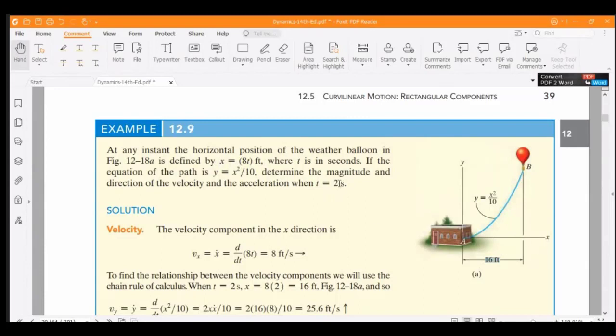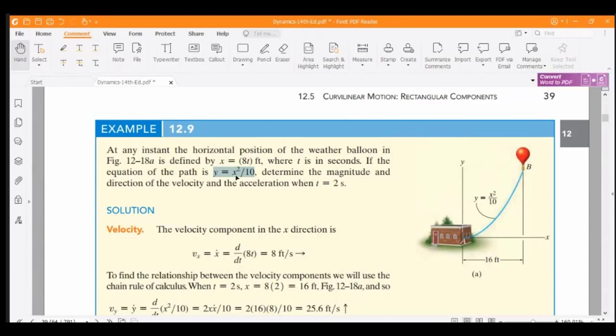They have also said that the path of y is x squared by 10. What does it mean? If at t equals 1, x equals 8, then y equals 8 squared by 10. So what is the value at t equals 1? Sir, 6.4. 6.4.